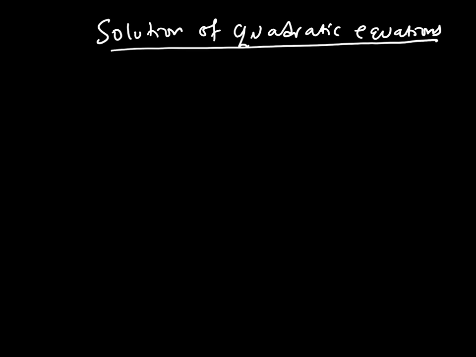Okay, consider 2x squared plus 5x minus 12 equals 0.